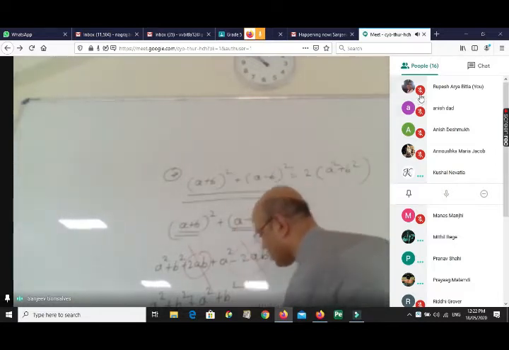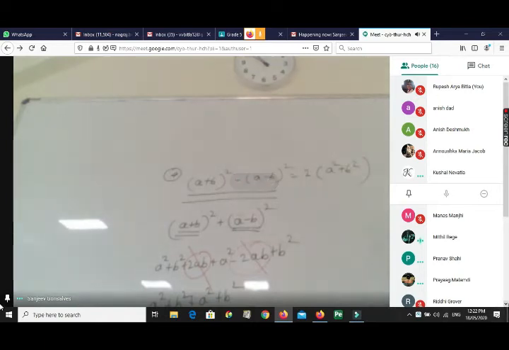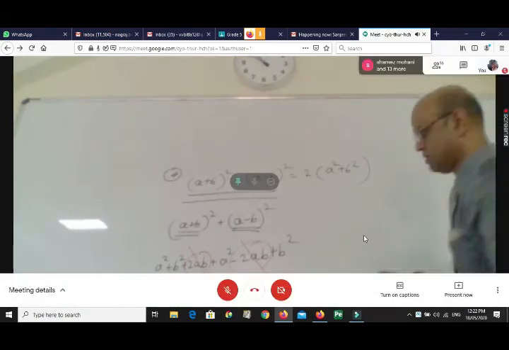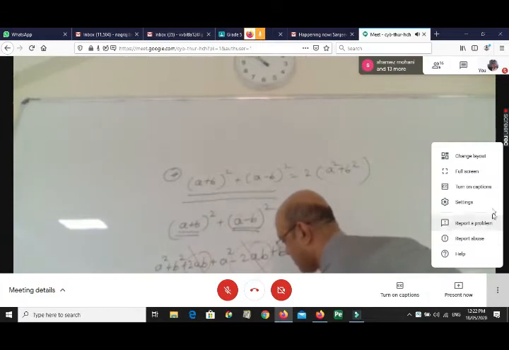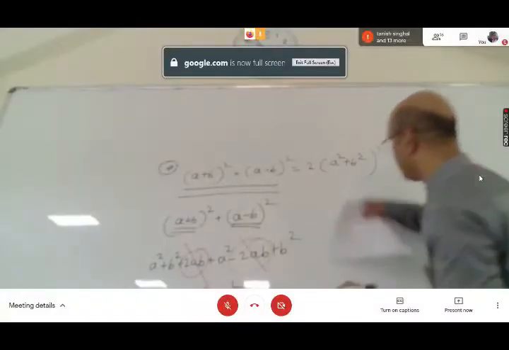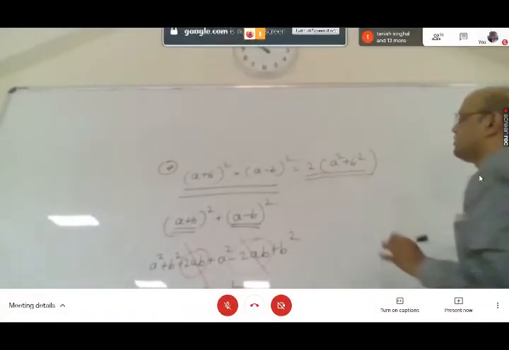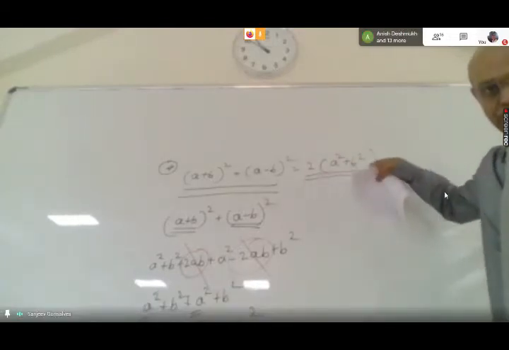If I take 2 as common, inside the bracket a square plus b square. See, so what do we get over here? 2 inside the bracket a square plus b square.